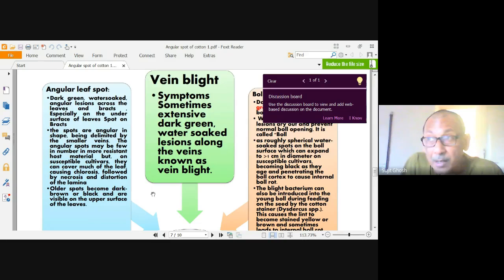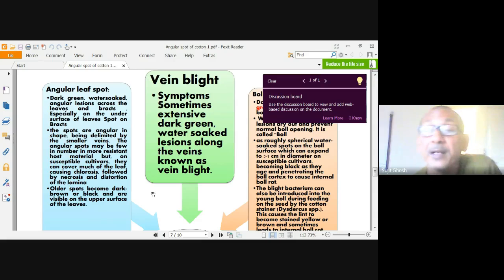It generally does not extend up to the vein because the vein has xylem and phloem, which are mostly dead in nature, and that is why it is not going to affect it.